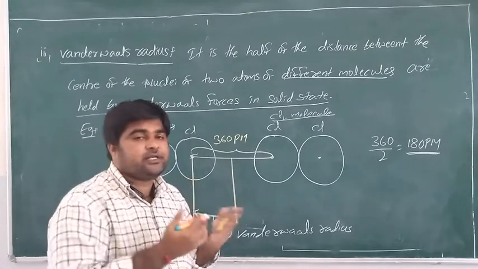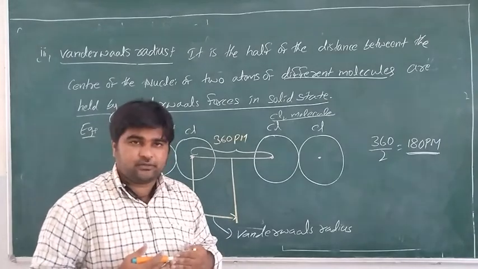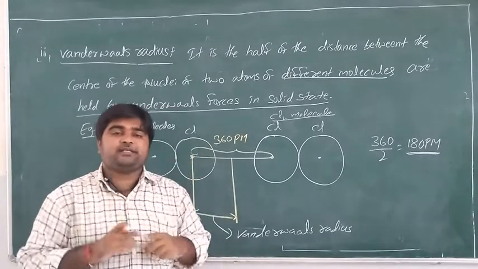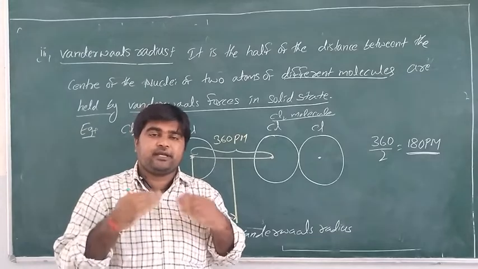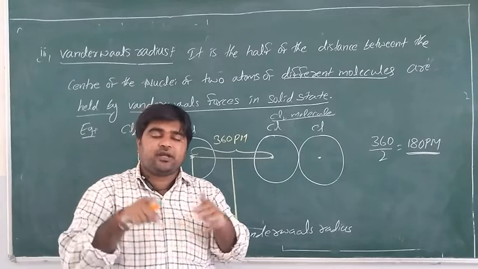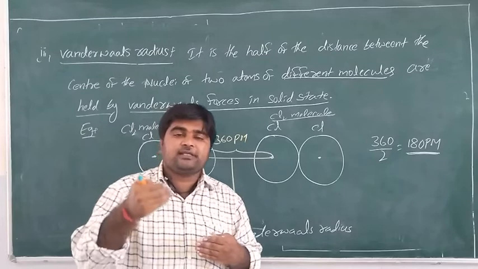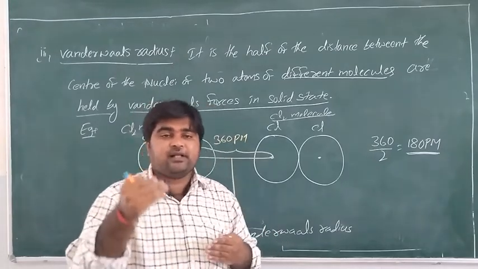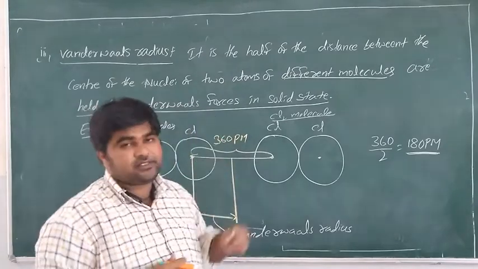Atomic radius means covalent radius and metallic radius. So the radius of the noble gases is compared using van der Waals radius with other elements. Very, very important. The radius of the noble gases should be compared with the van der Waals radius of other elements, when we use van der Waals radius.